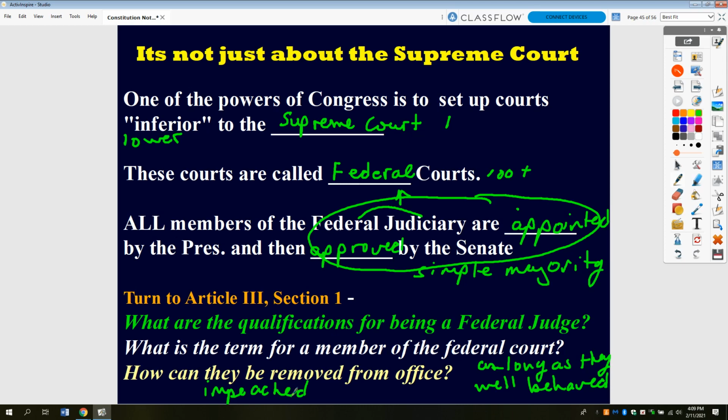Now, you can only imagine that what is bad has changed over time. What we consider bad today most likely would have been considered horrible at the time. And what is bad then, we would look at it today and go, that ain't such a big deal. And I think a good example of this is the first federal judge ever to be removed from office was actually found at home drunk by a member of the House of Representatives.